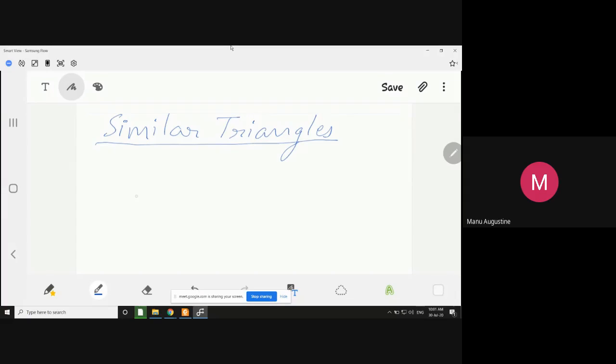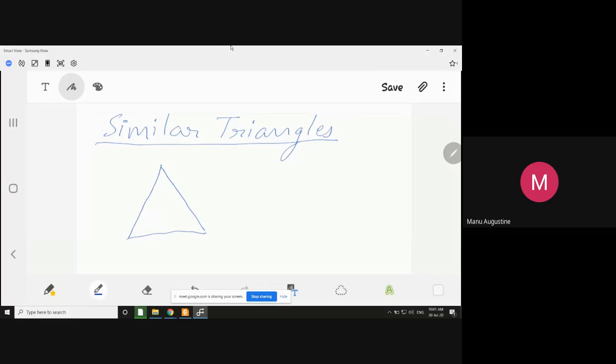Let us say that we have a triangle of any shape and size. It need not be an isosceles triangle. What I have drawn here may look like an isosceles triangle, but there is no need for it to be any typical sort of triangle. It can be any random triangle.